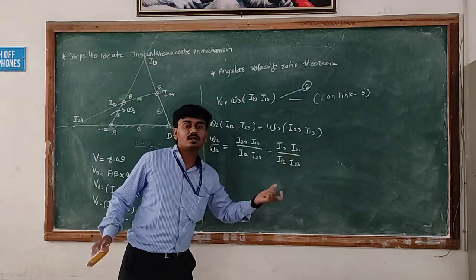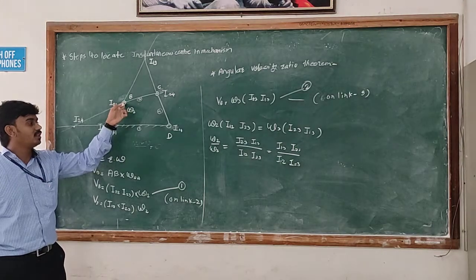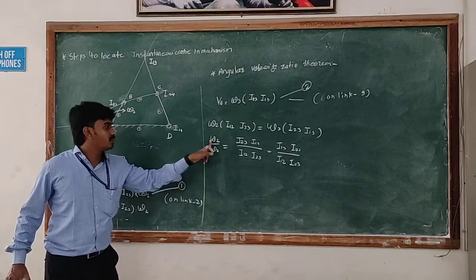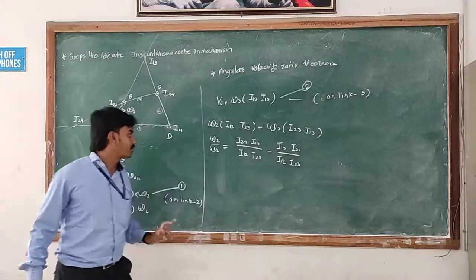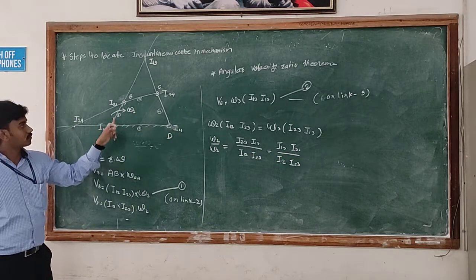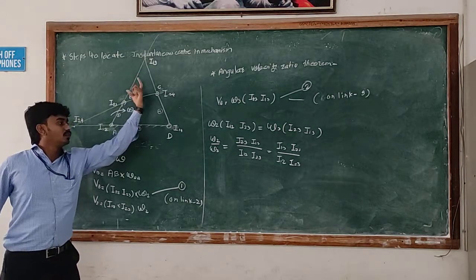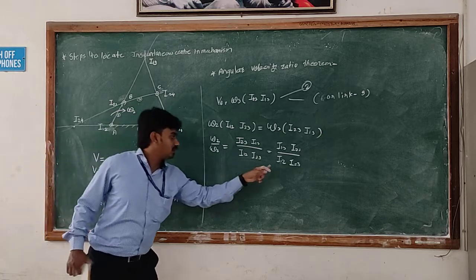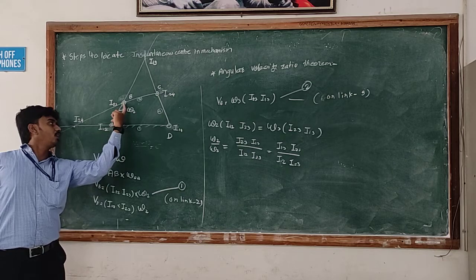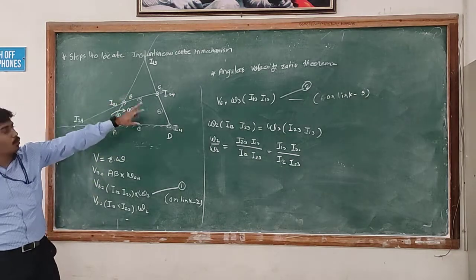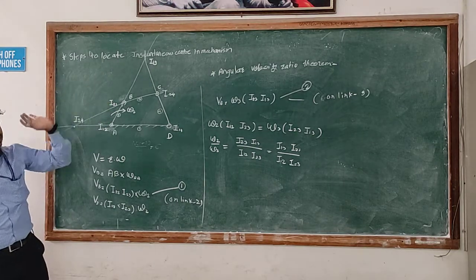Here I23 is the common instantaneous center. Omega 2 upon omega 3 is equal to this distance divided by this distance.